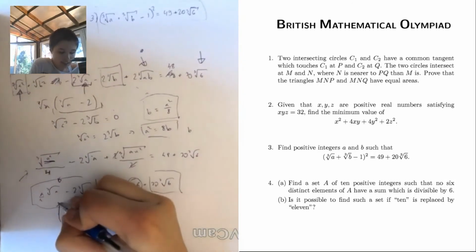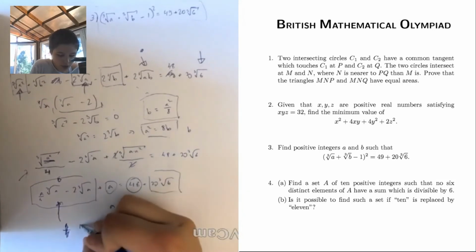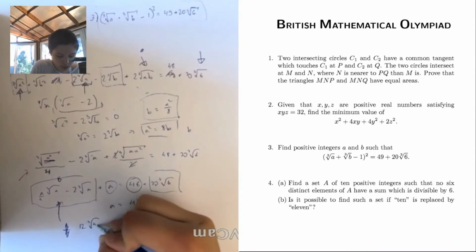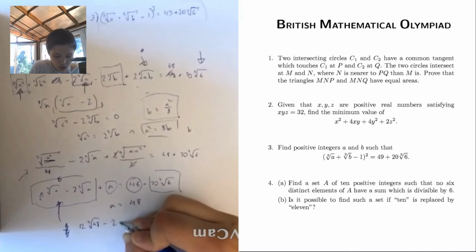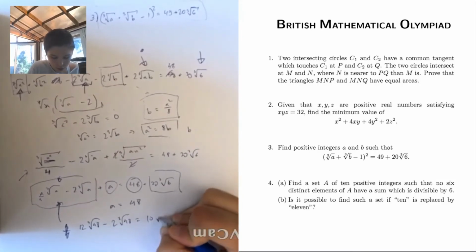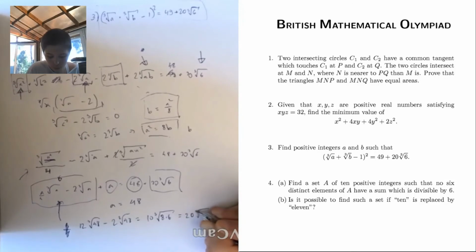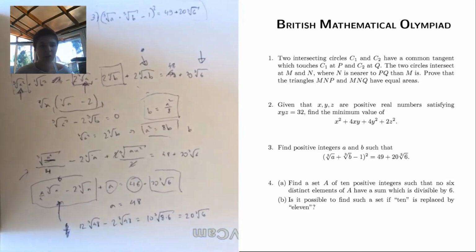Let's look at this then. We have A over 4 is going to be 12 cube root 48 minus 2 cube root 48, which is equal to 10 cube root 8 times 6, which is 20 cube root 6. Oh, how good.